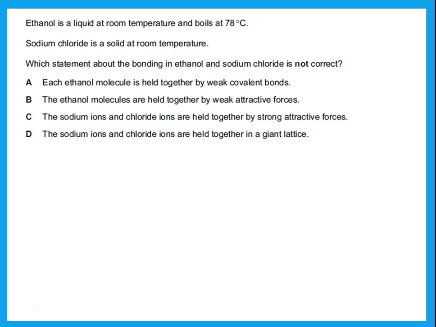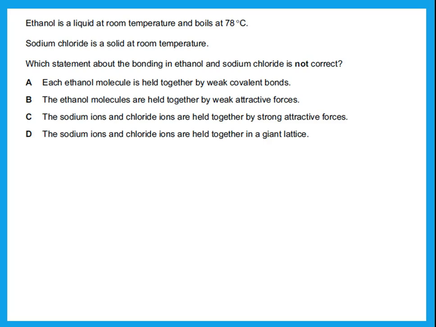So if it is a covalent compound, each ethanol molecule is held together by weak covalent bonds. Never say weak when you're referring to covalent bonds. Covalent bonds are strong, but the molecules could be held together by weak attractive forces. So between each ethanol molecule and the next, there are weak attraction forces. So B is probably correct.